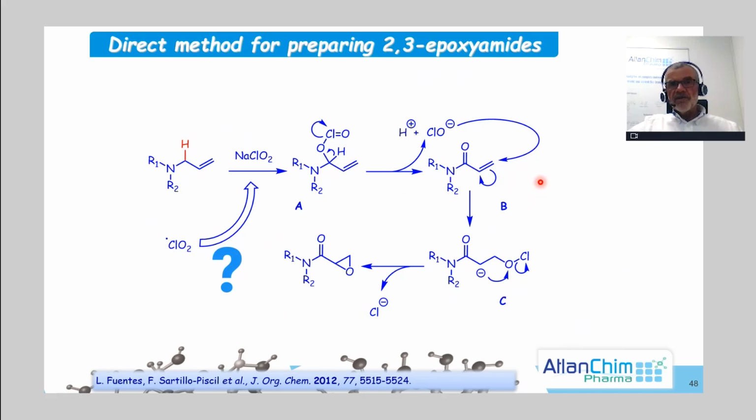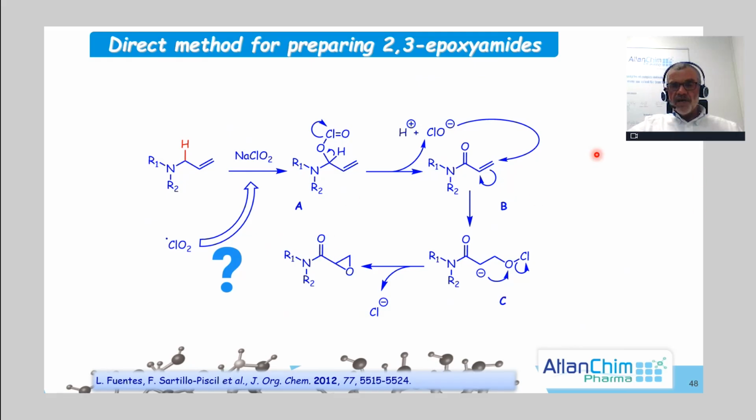Second, Michael-type addition on the activated double bond of B here by hypochlorite ion formed in the previous step gives C here. Then intramolecular cyclization with elimination of chloride provides the 2,3-epoxy amide.